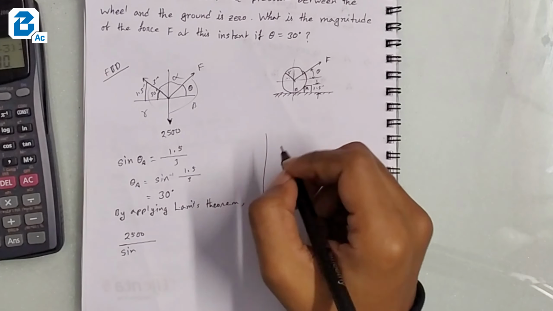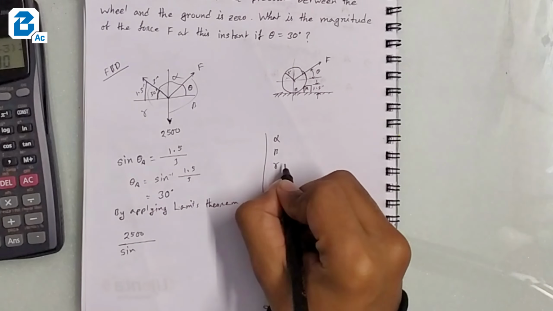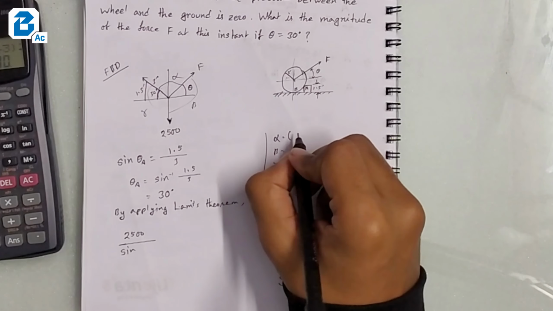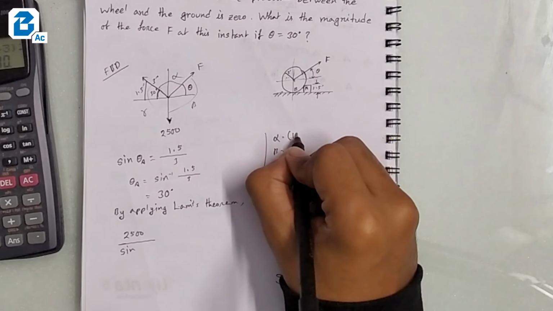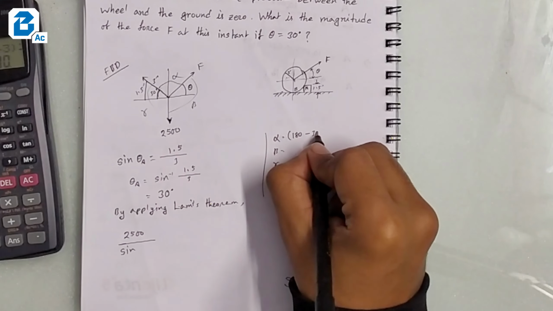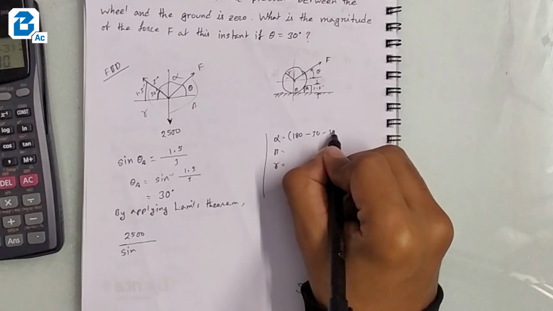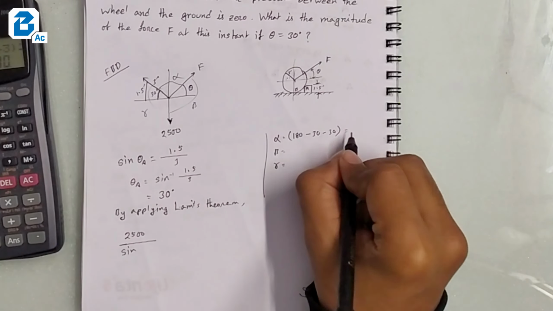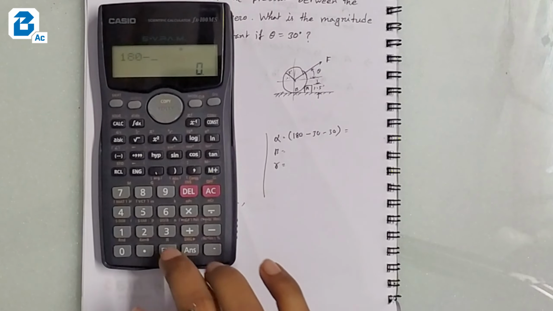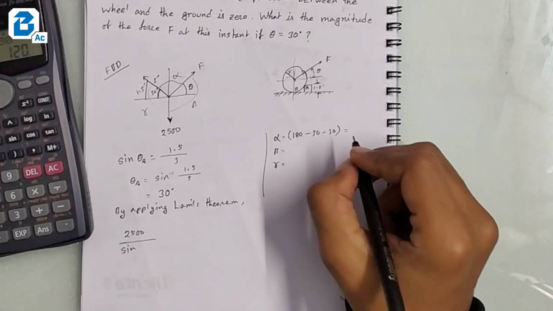So let's find them here. Alpha, beta, gamma. For alpha angle we get 180 minus this 30 degree, and for theta, which is 30, so we will write it as 30, and then we will subtract those angles. We get 120 degree.